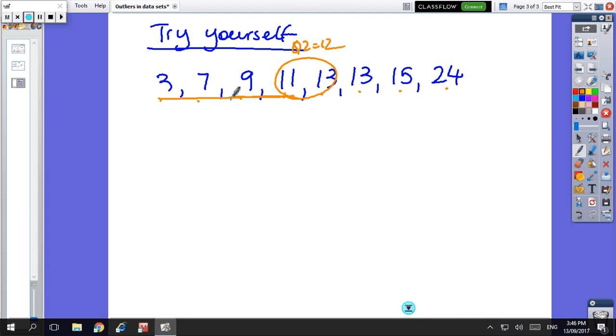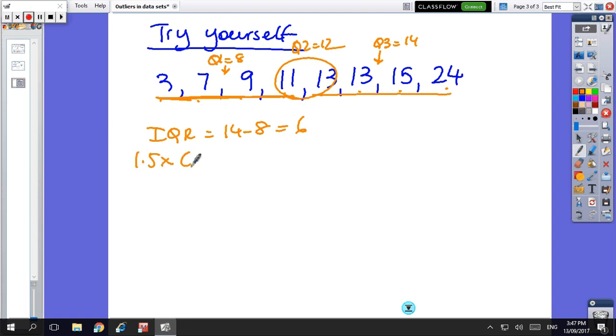Going backwards, we've got 4, so Q1 equals 8, the middle there. And going forwards, Q3 equals 14. So the IQR equals 14 minus 8 equals 6. 1.5 times 6 equals 9.